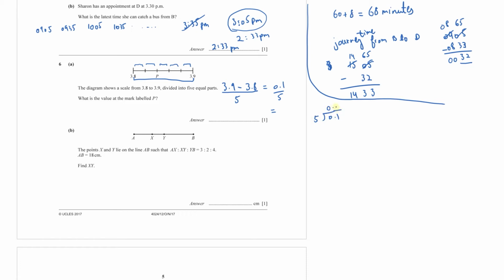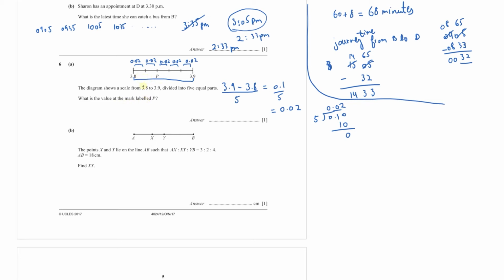I cannot divide 1 by 5, so I add another 0, and then I can add here 10. So let me erase this. So now this is 10. So 5 times 2 is 10, and this becomes 0. So this is 0.02. So each of these represents 0.02, and this is also 0.02, this is also 0.02, and this is also 0.02.